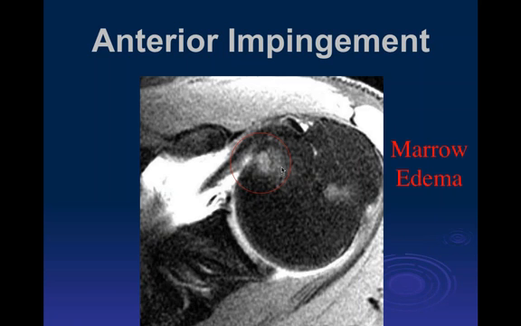So basically, looking for anterior impingement, I still like to look for the chevron sign on the oblique sagittal images, but more importantly, I like to look at the position of the coracoid process with respect to the lesser tuberosity on the axial images and the space between the two, and most importantly, whether or not there is edema within the lesser tuberosity in this very characteristic location, which tend to correlate best with symptomatic anterior impingement.